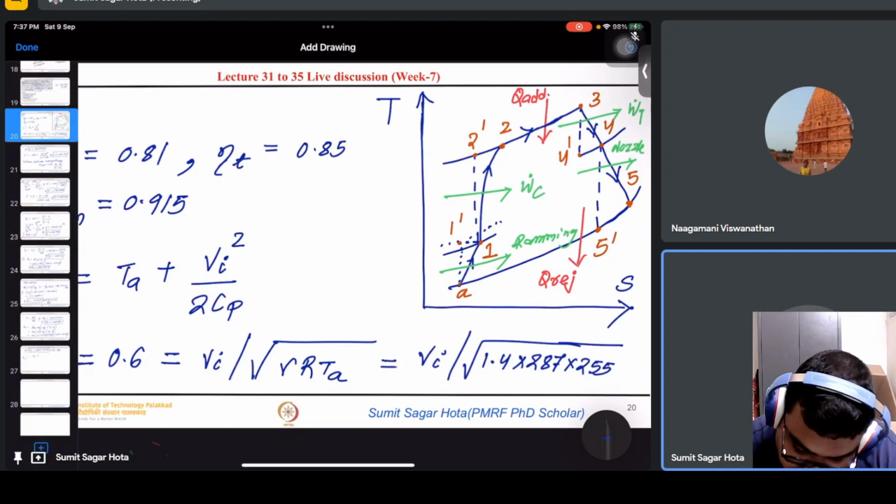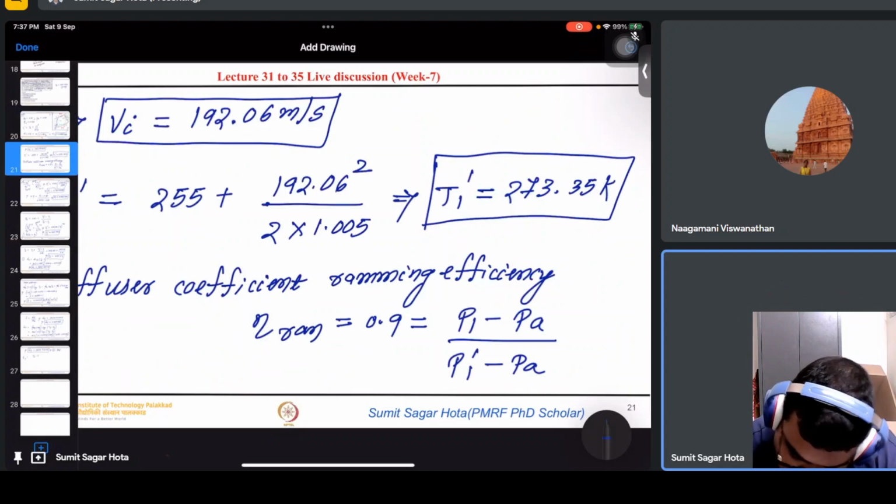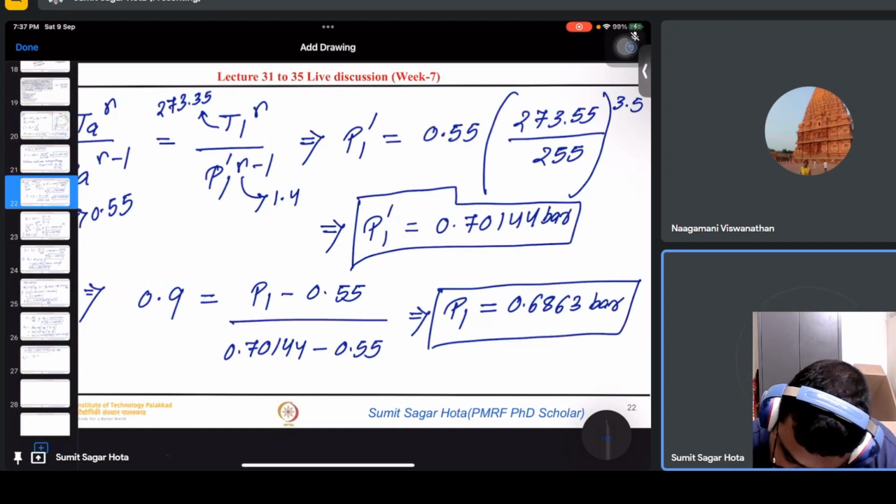In the plot you can see P2 equal to P3 and P5 equal to PA. Okay, so P2 equal to P3, that means in the formula of compression ratio we know P2 and P3. Sorry, at least we know P1. Okay, P1 is 0.6863.